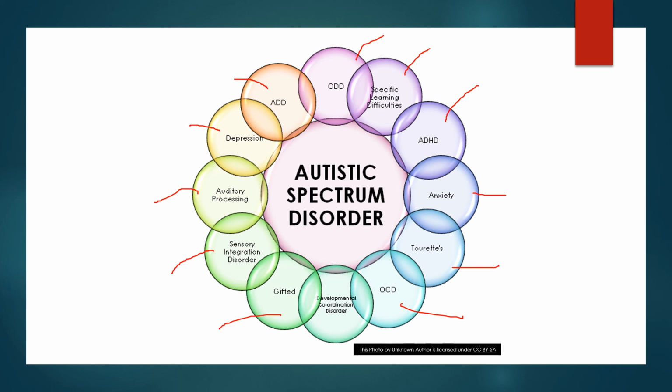The child might be gifted, and developmental coordination disorders. So all these can be either part and parcel of the autism, or sometimes they're getting confused with it, and sometimes they find the comorbid symptoms within the autism.